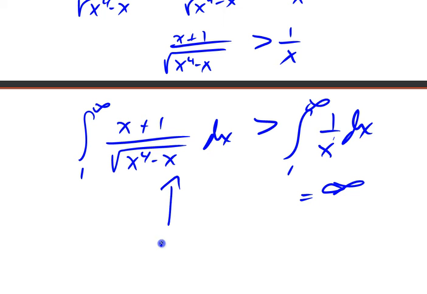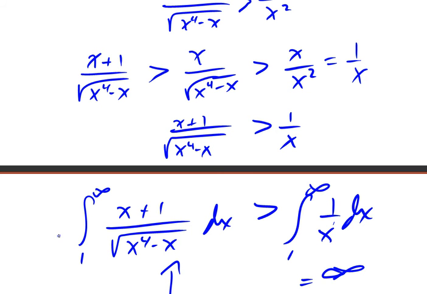So this one diverges. We found a function less than the one that we wanted, and that smaller function had an integral equal to infinity, and so the bigger function must also do the same thing. Okay? Comparison tests. What function are you comparing to?